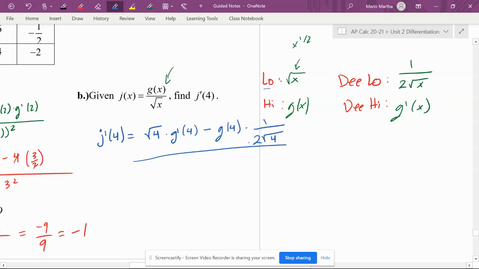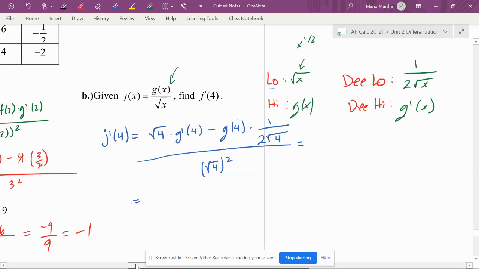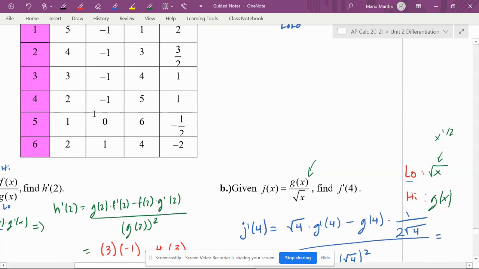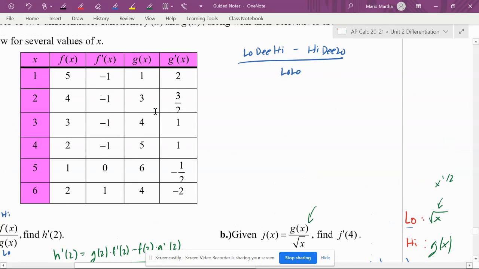And then everything divided by low, which in this case would be just the square root of 4 quantity squared. And again, now we want to substitute. So let's see what the values of g prime of 4 and g of 4 are. g of 4 is equal to positive 5, and g prime at 4 is equal to positive 1.